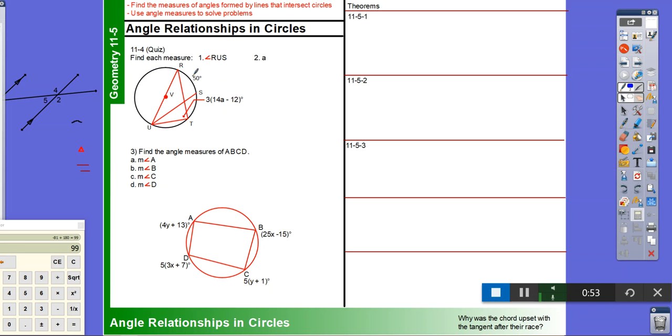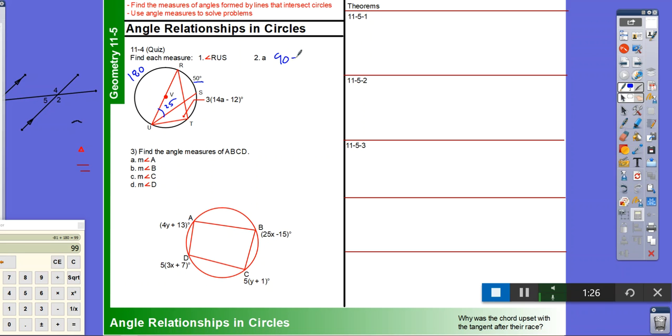We know that this is 50, and then this is 90, so that's 180. Well, this angle is across from the 50 degree angle, isn't it? This is just half of that, so it's 25.